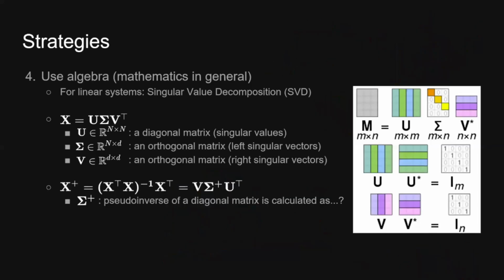As a matter of fact, skipping all the mathematical details, it is known that the pseudo inverse of x, which is by definition (x transpose x) inverse times x transpose, can be computed as V, which is one result of singular value decomposition, times sigma, the singular value matrix, and then times another orthogonal matrix.